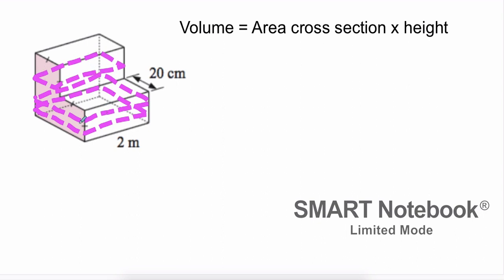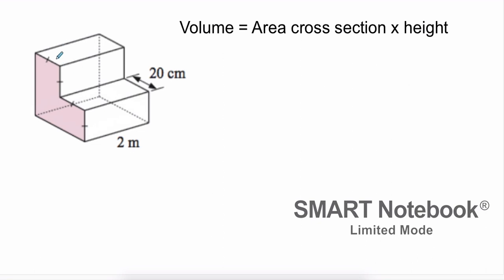So certainly this shape is not the cross-section. Meanwhile, if you take this L shape here, no matter where you are, if you imagine you take a knife and cut the figure along this shape, then everywhere you go from end to end, you will get exactly the same shape and the same size. So therefore, this L shape is the cross-section.